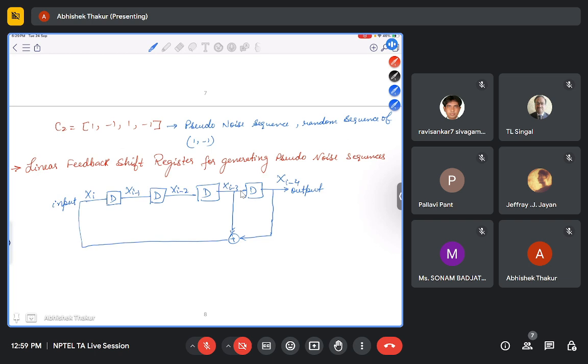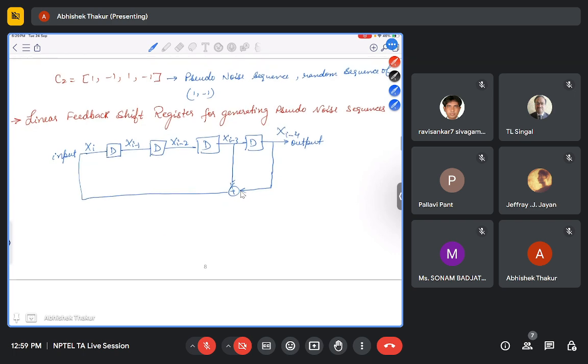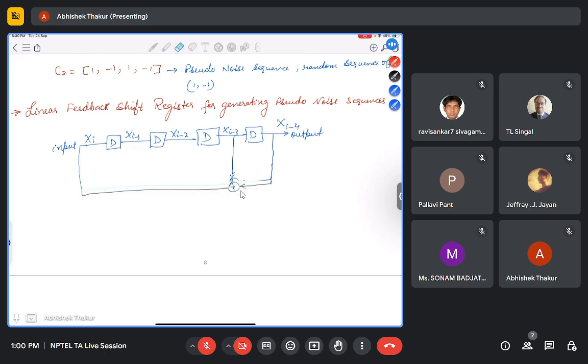So xi becomes xi minus 1 at the next time instant, and similarly xi minus 2 and xi minus 3 are shifted to the right, as we can see here how the code is shifted. Let's take an example and start with the code 1111.